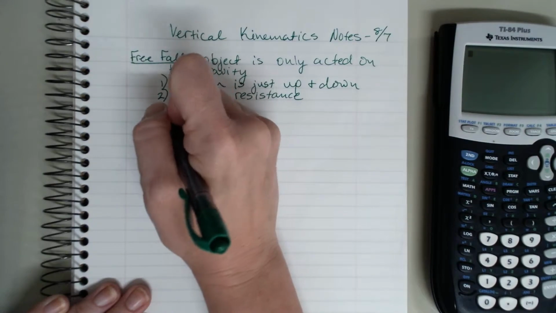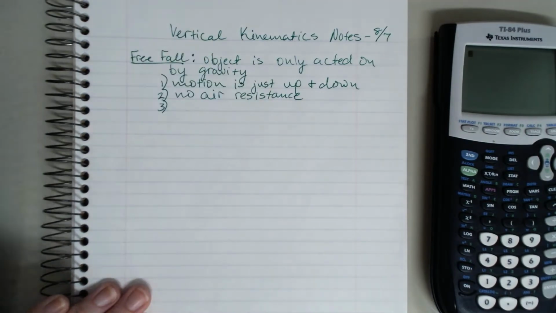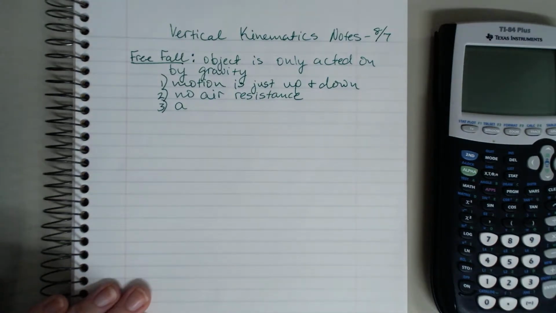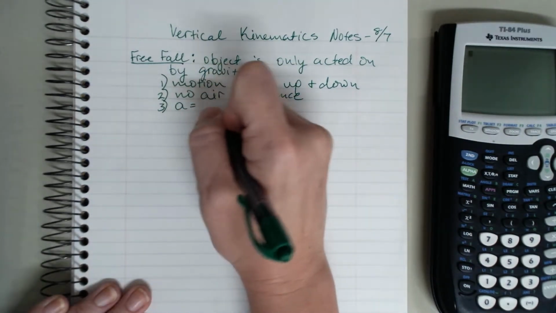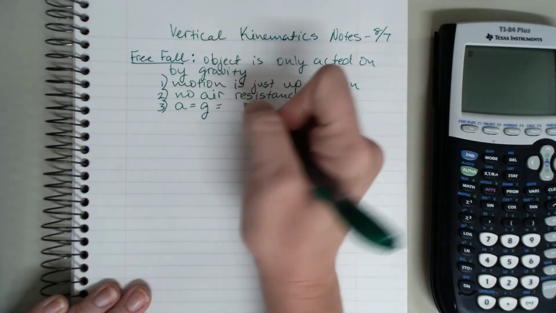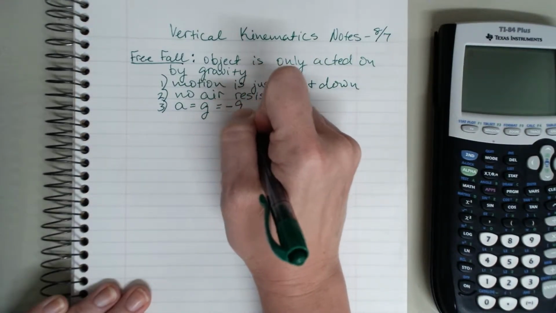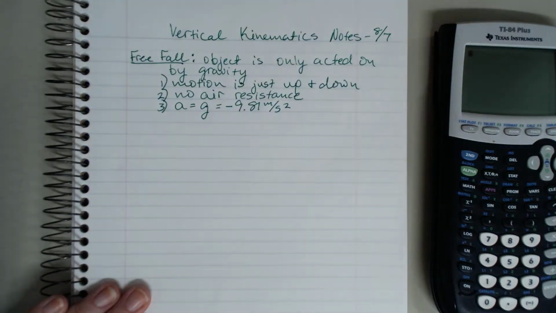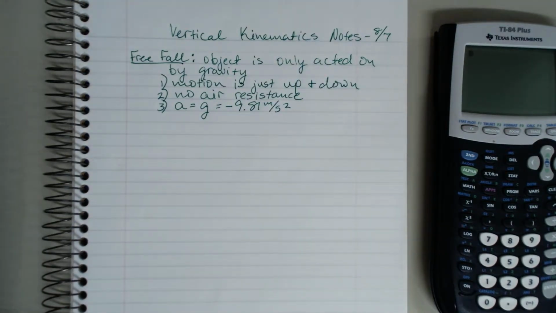And now, instead of us calculating our A in all of our equations, our acceleration becomes G. On Earth, G, which is gravity, the gravity constant, is negative 9.81 meters per second squared. Okay, that is always what gravity is on Earth.